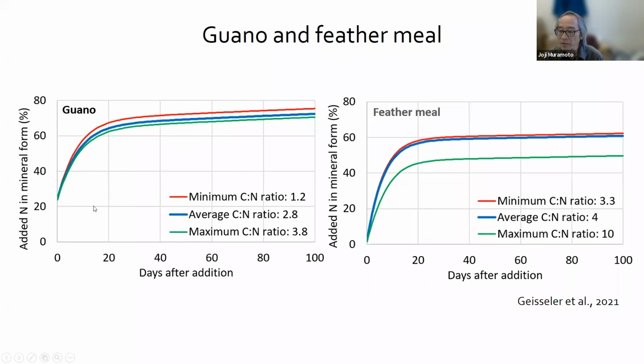After 20 to 40 days, almost 70% of nitrogen becomes available. Feather meal is a little bit slower, with almost no available form to begin with, but after 20 days, most of them have 60% available. One feather meal has a high C:N ratio and is much slower.